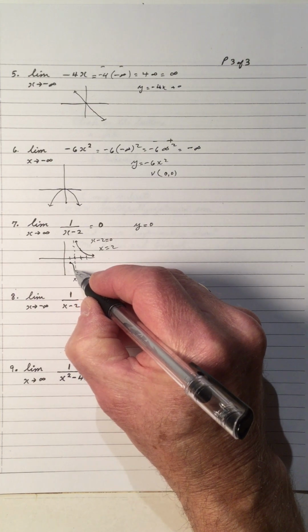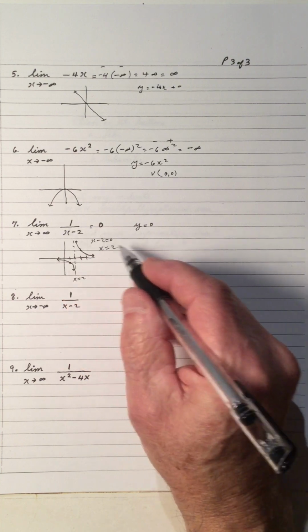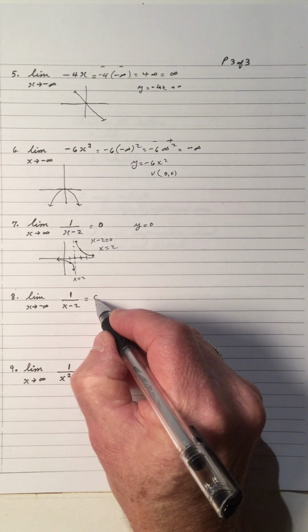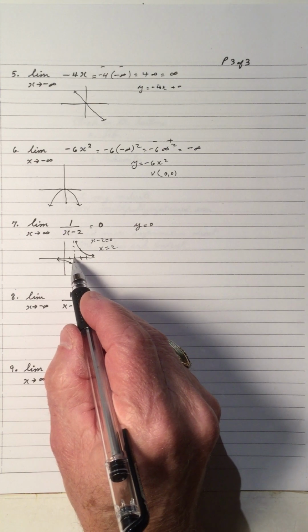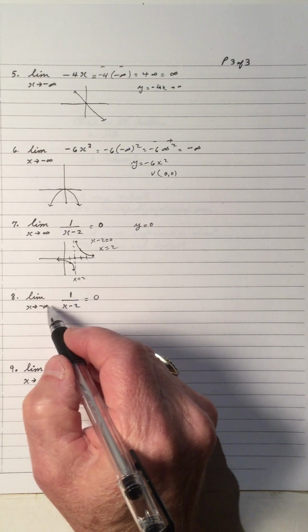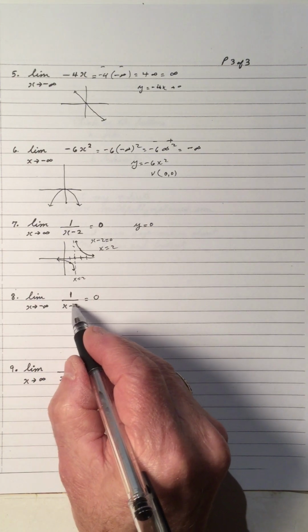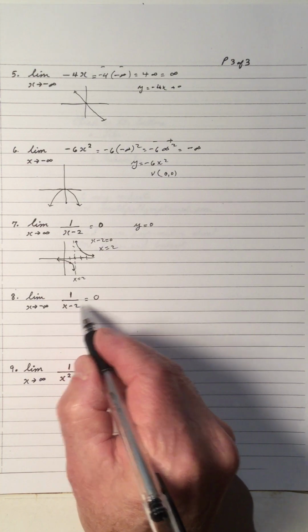So it's doing this, and it's approaching 0. So if you're going to positive infinity, it's approaching 0. If you're going to negative infinity, it's also approaching 0, because this denominator is getting larger and larger and larger.